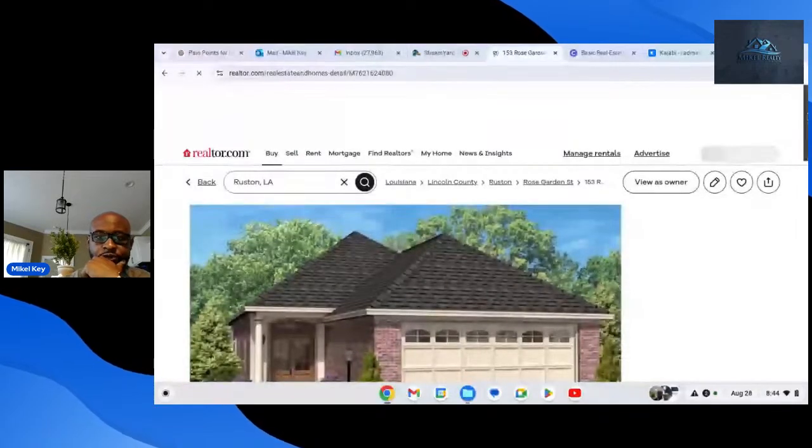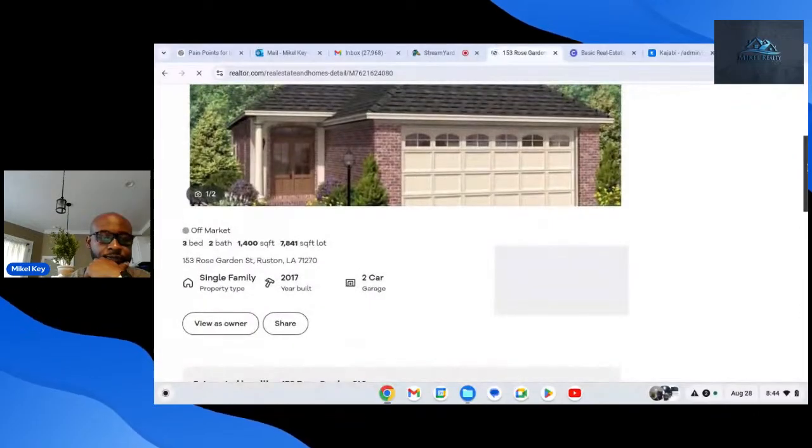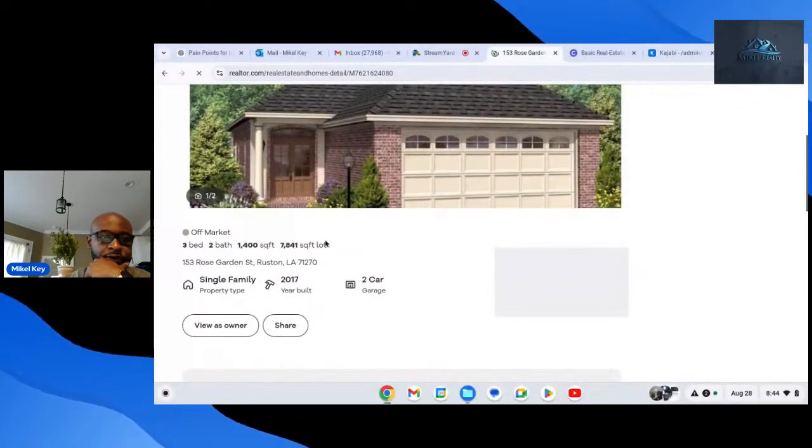Here's 153 Rose Garden Street, an off-market property, 3-bedroom, 2-bath, 1,400 square feet.